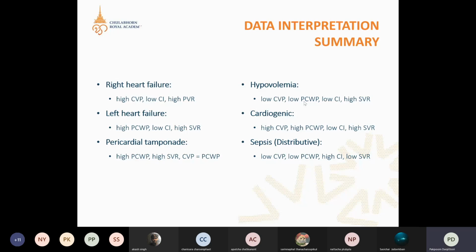For example, if the patient has high CVP, low cardiac index, and high PVR, the doctor can maybe consider that the patient has right heart failure or something like that.